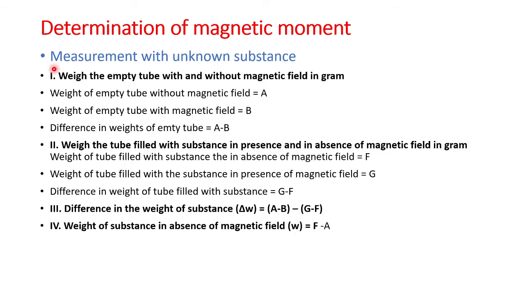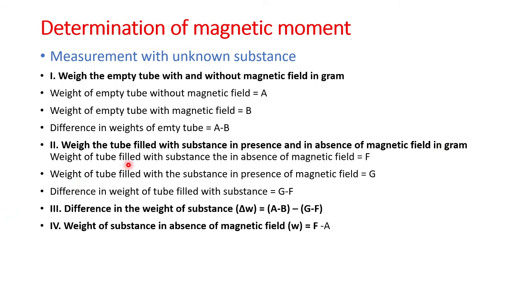Next, measure with the unknown substance. Now fill this Gauss tube with the substance whose magnetic susceptibility is unknown. The weight of the empty tube with and without magnetic field we have already done in the last slide. Now weigh the tube filled with the unknown substance with and without magnetic field.